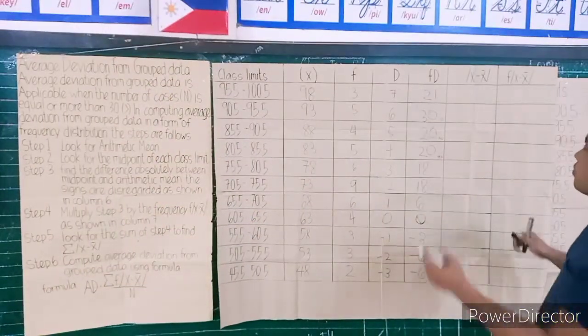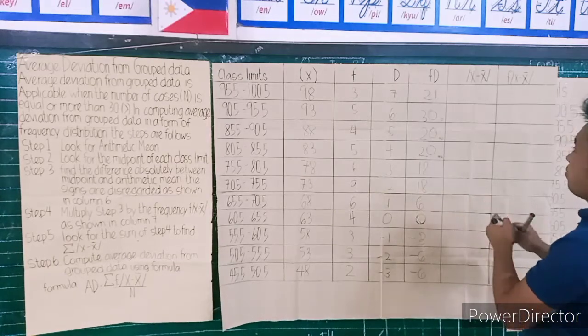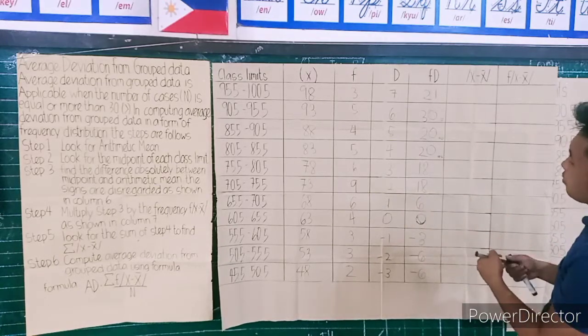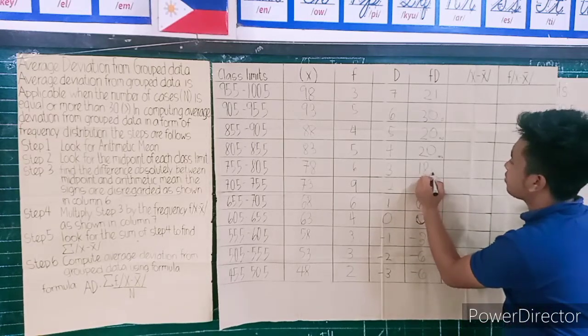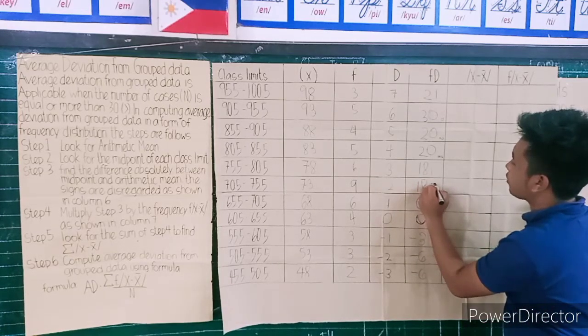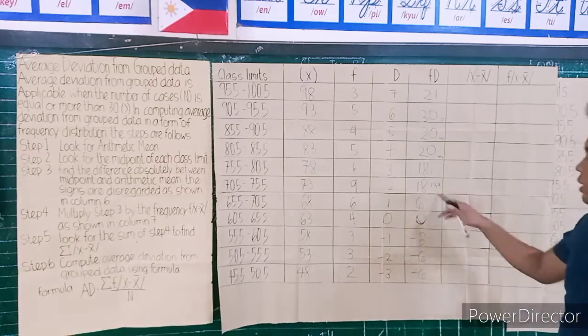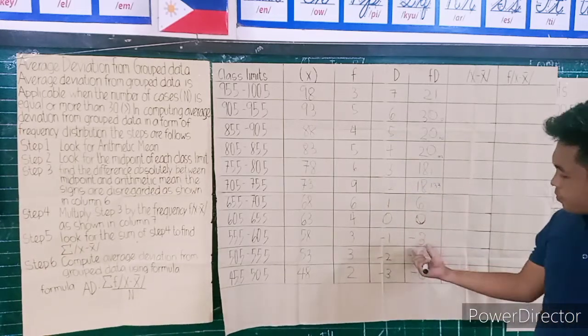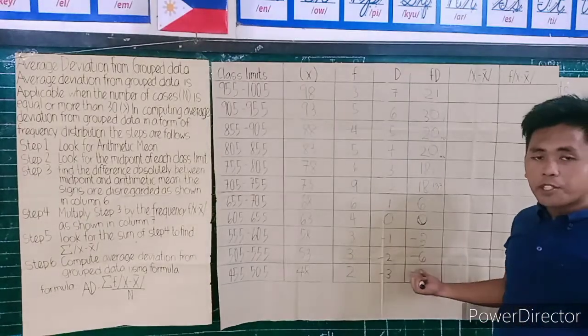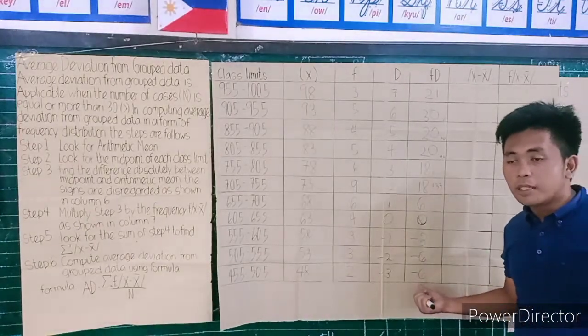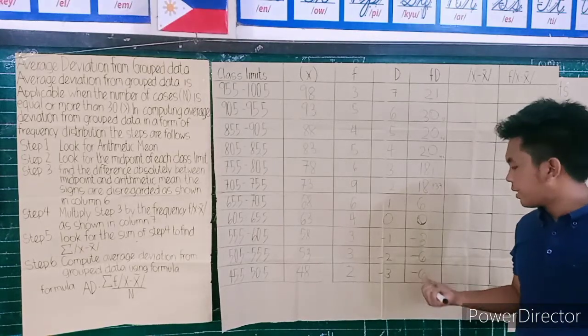So we have to add all these scores. We have 133. I mean 133 plus 6 plus negative 6 plus negative 6 equals to negative what? Negative 12.